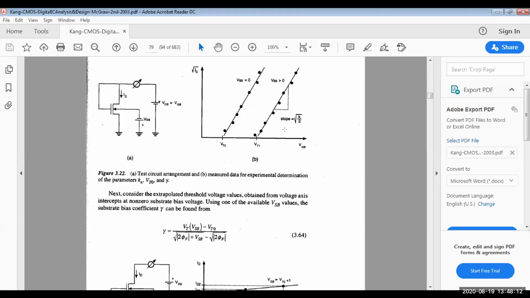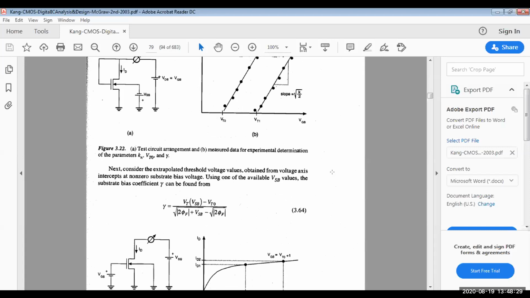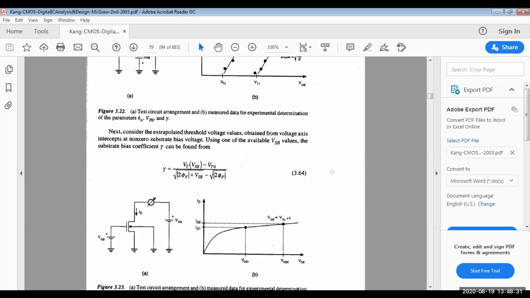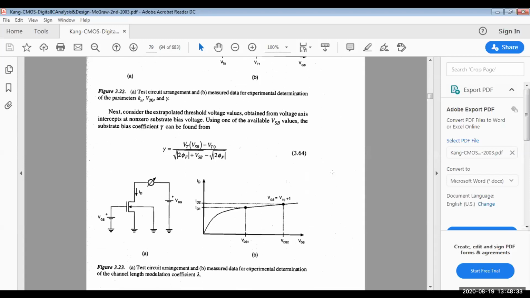So that is VT1. So gamma equals VT1 minus VT0 divided by root of 2 phi F plus VSB minus root of 2 phi F. Phi F we will take as the default value given in the question, or we can get it from the library. By calculating this, we will get gamma.